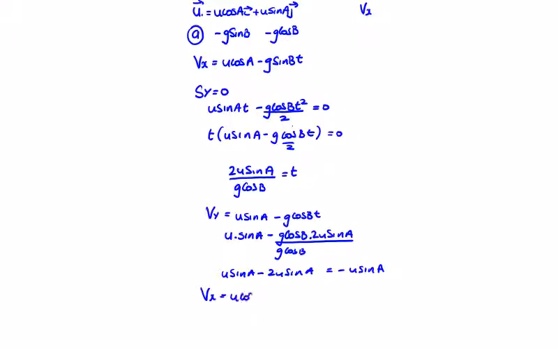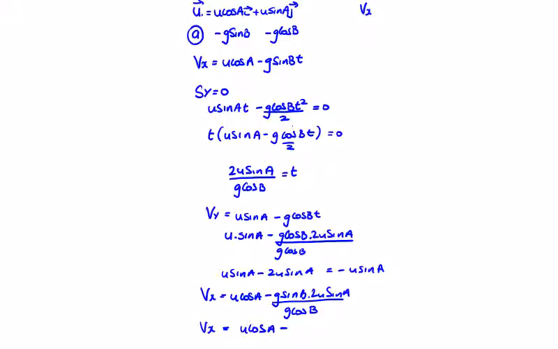And then the velocity in the x direction is going to be u cos A minus g sine beta times t. So that's 2u sine A over g cos B. So the velocity in the x direction is going to be u cos A and we're going to have minus g sine B over, well, the g's cancel, apologies.